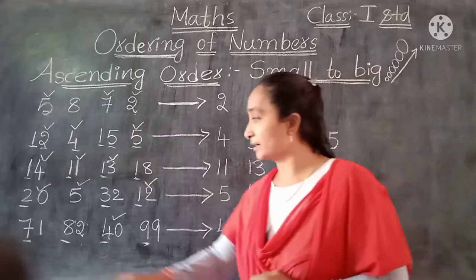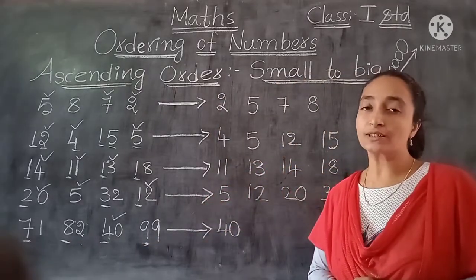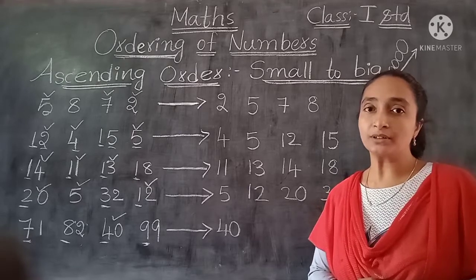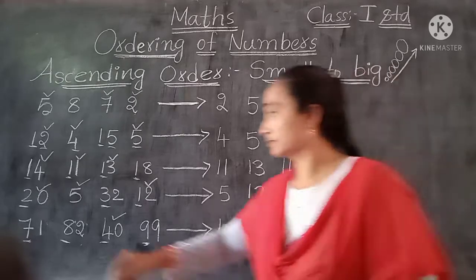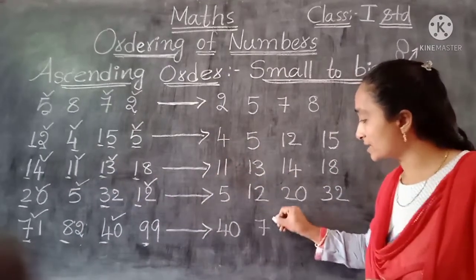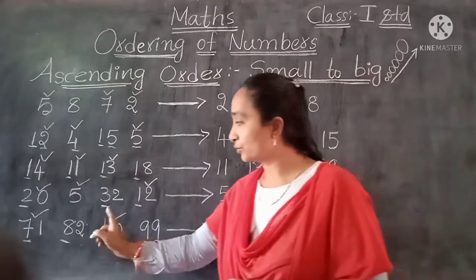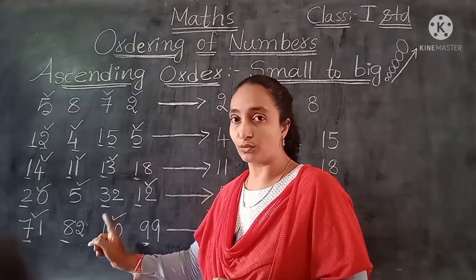Now remaining 3 are there: 7, 8, 9. Which is the small number? Yes, 7. So you tick mark the 7, 71. Completed. Now 2 are completed, so these 2 numbers don't take now. Don't consider.